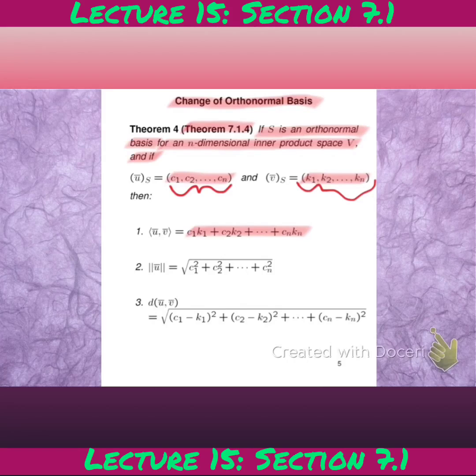And the norm can also be easily calculated. The norm of the vector is the norm of its coordinate vector with respect to the basis S, and it will just be the square root of the sum of the squares of each component of the coordinate vector. And then again, the distance between u and v is just going to be the square root of the sum of these differences squared.